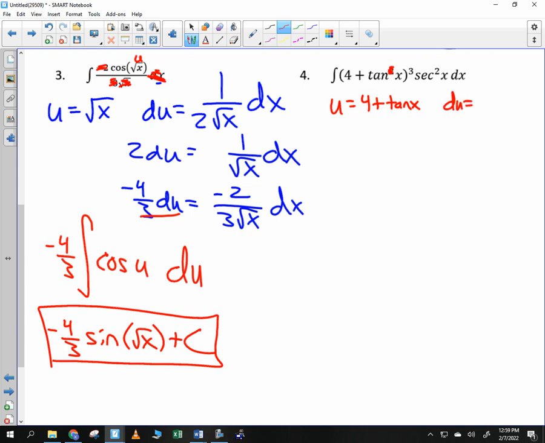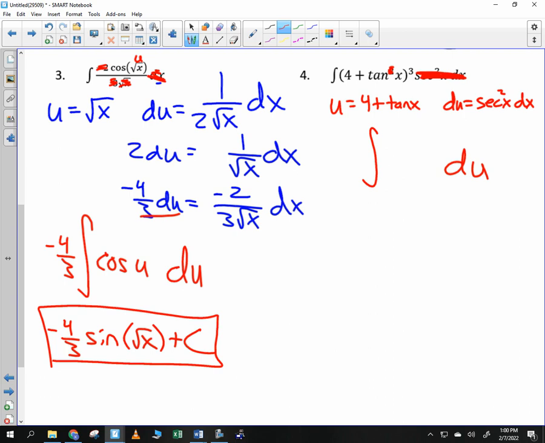Somebody, what is the derivative of 4? Nothing. What's the derivative of tangent? Ooh, isn't that fortunate? Look at that. It's like Christmas. So I get to get rid of this, and what do I put in its place? Yep, just integral du. That's all I have to put in its place.